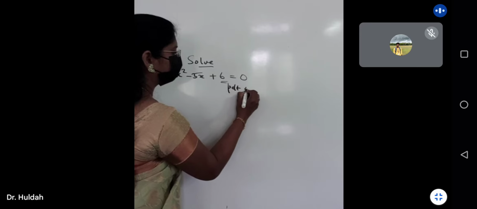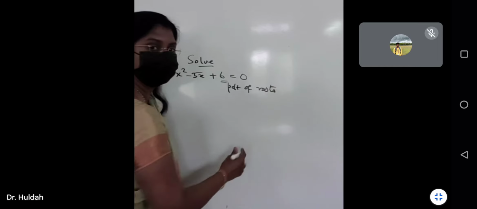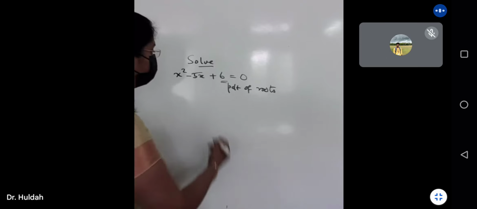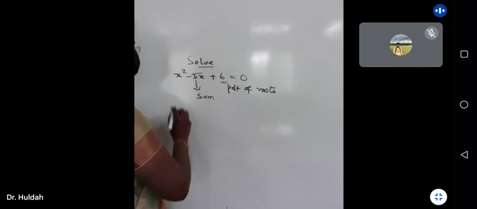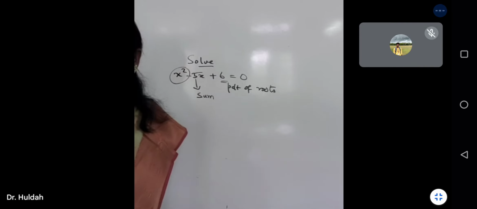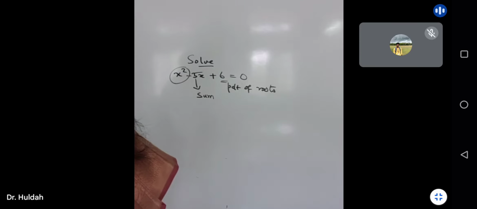When I say solve the equation, that means you should do something and get the values of x, because the equation is in terms of x. This is the product of roots and this is the sum of the roots. By the way, because it's a quadratic equation, it will have only 2 roots and nothing more.